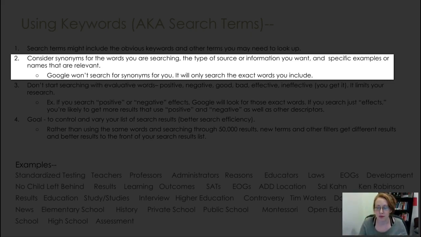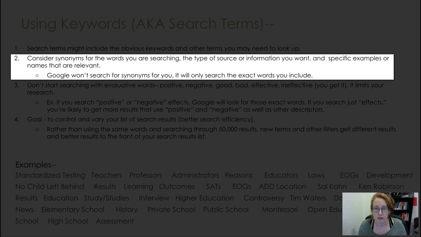So if you're looking up something about media, and there's a really good article about a specific news source like the New York Times, that article might not pop up if you were still using the broad term media and you hadn't broken down any examples.